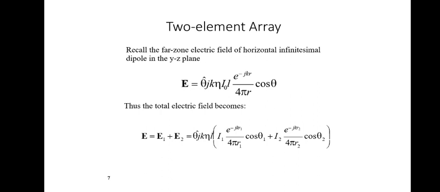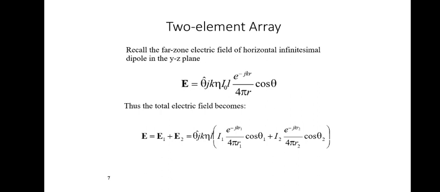Beta is equal to 2 pi by lambda. The path difference is obtained from the above figure. Here cos phi is equivalent to x by d, where x is equal to d cos phi.